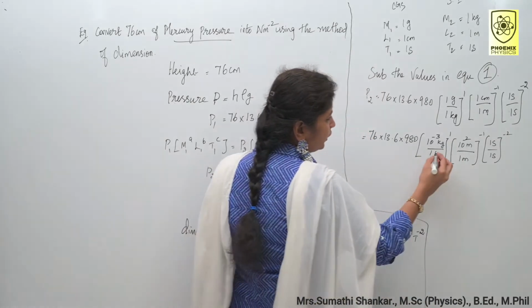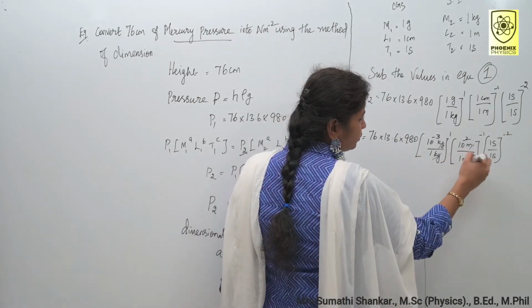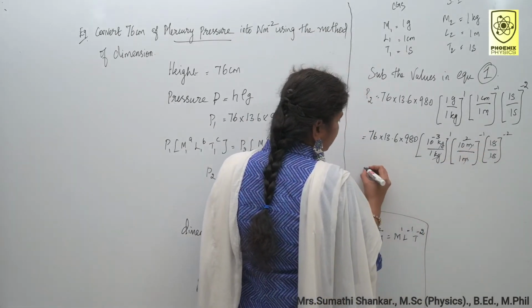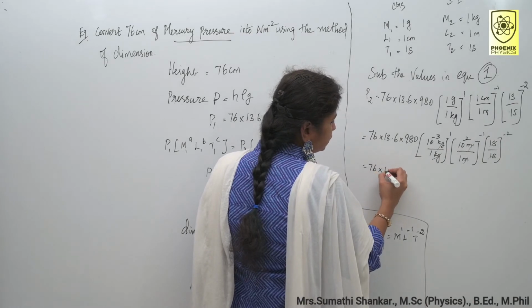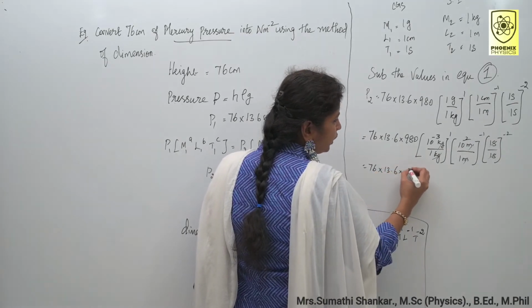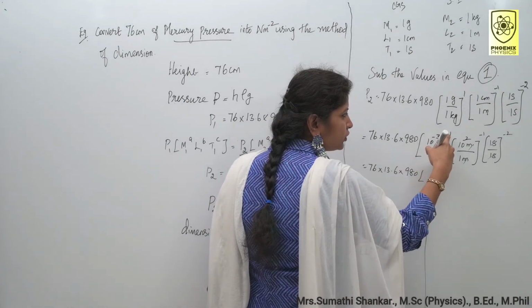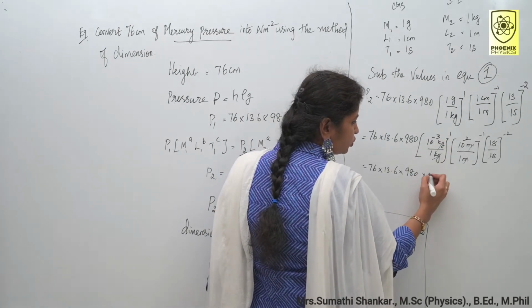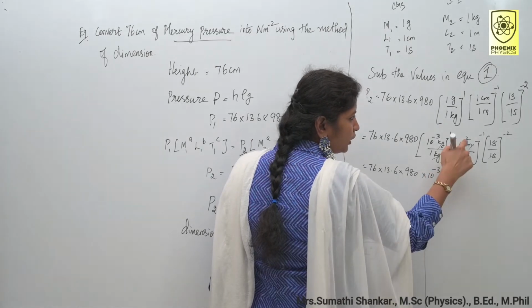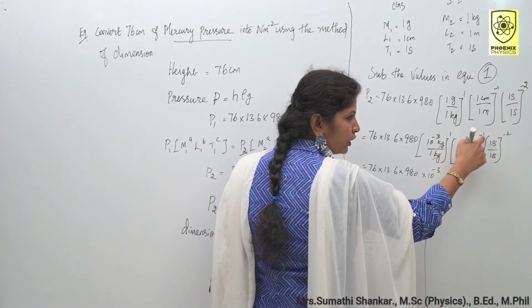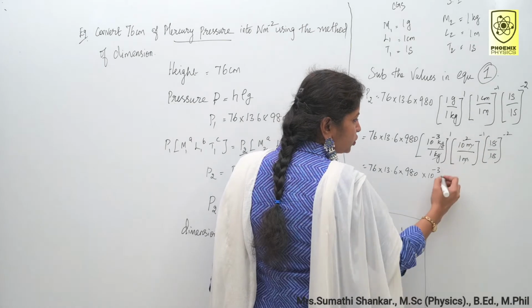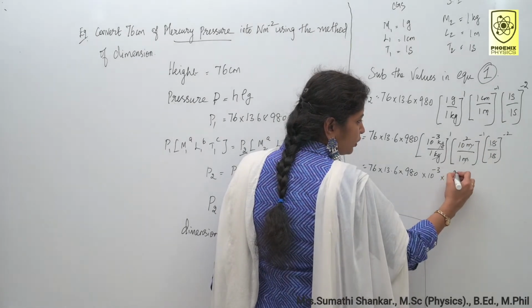Okay, here kg cancel, meter cancel, second 1 cancel. So 76 into 13.6 into 980. Here 10 to the power of minus 3 into 1 means 10 to the power of minus 3. Here also I have minus 2, here also I have minus 1, minus into minus plus, so plus 10 to the power of 2.